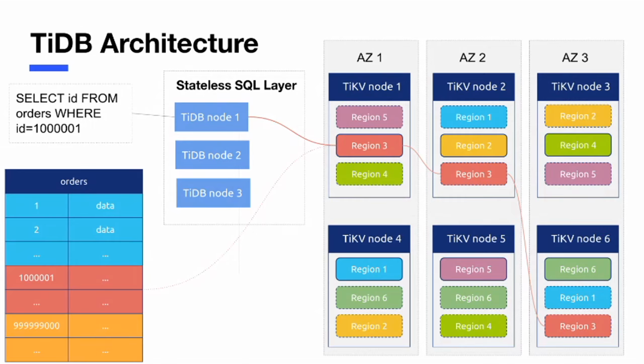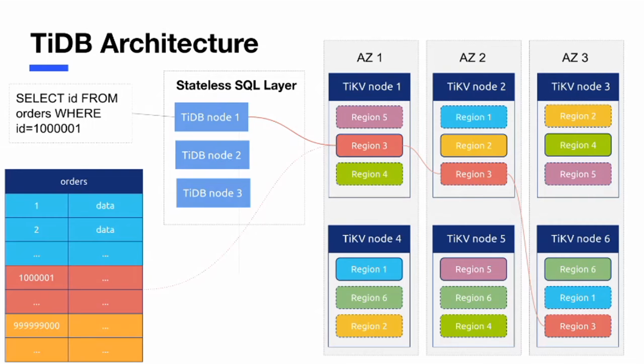So the query is select ID from orders, where ID is this big ID of, I think, 1,000,001. If you look at the table in the bottom left corner, you can see that this ID 1,000,001 is in the red portion of the table, which is stored in region 3.